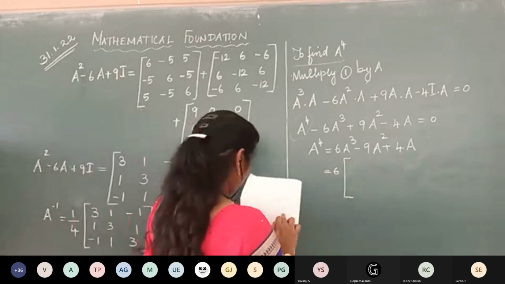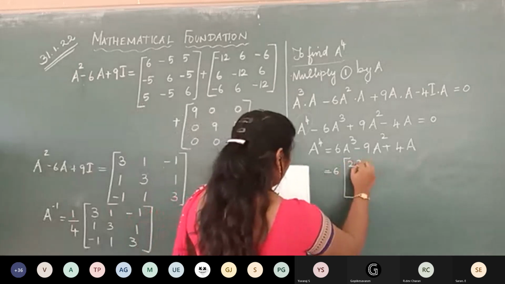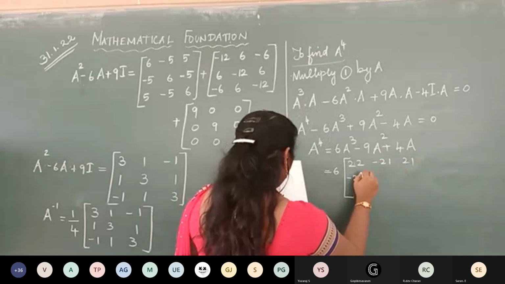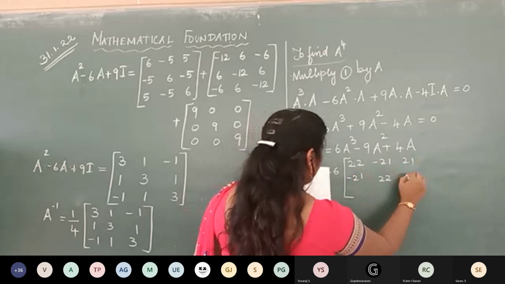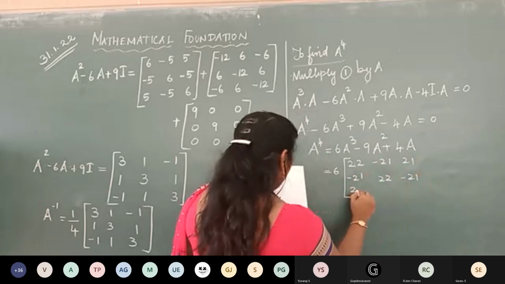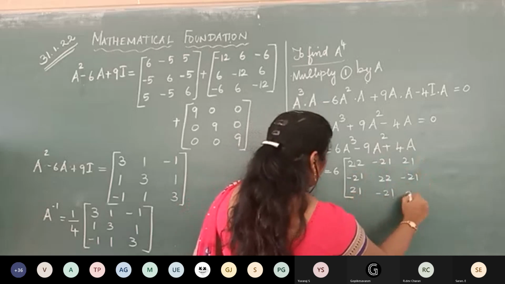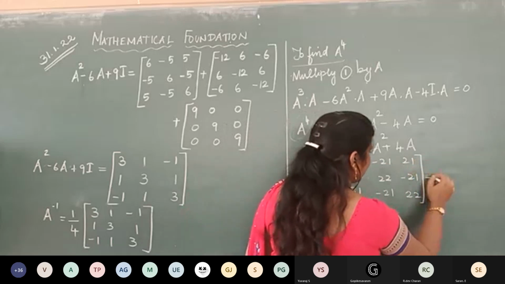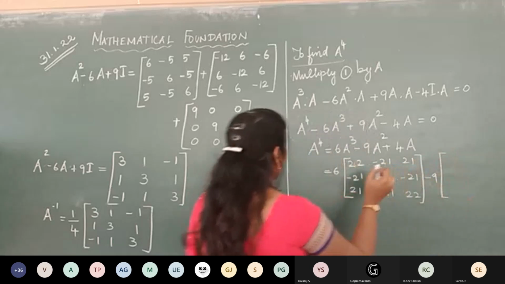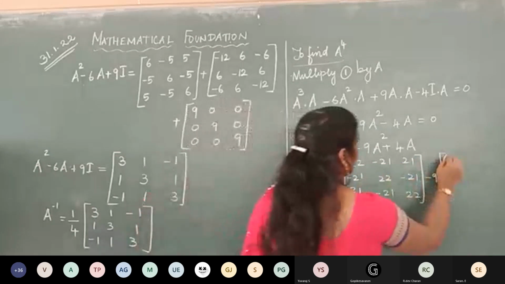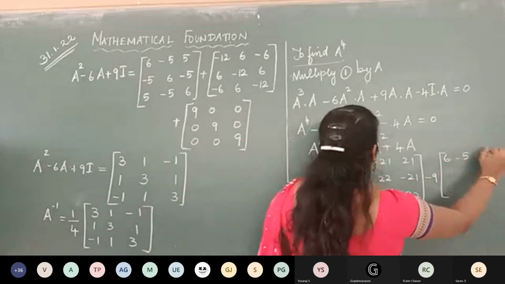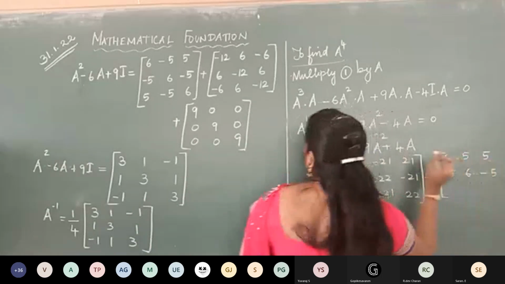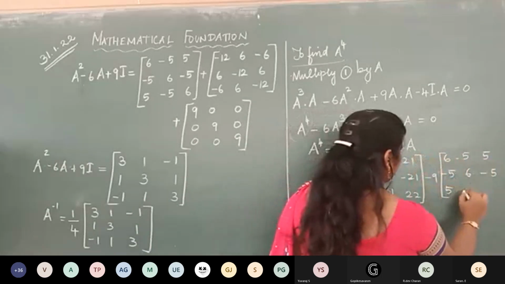Your A cube value was 22, minus 21, 21, minus 21, 22, minus 21, 21, minus 21, 22. Then you can multiply this minus 9 inside. First, write what your A square is: 6, minus 5, 5, minus 5, 6, minus 5, 5, minus 5, 6.